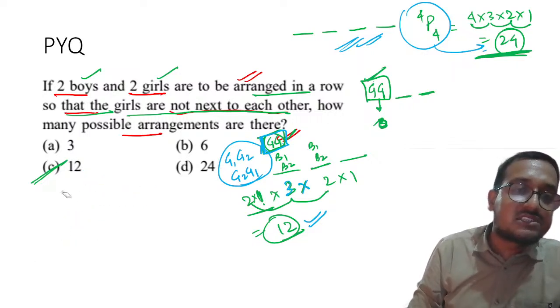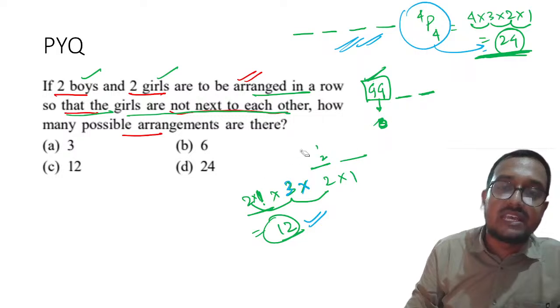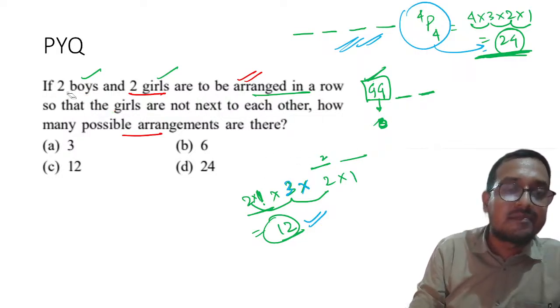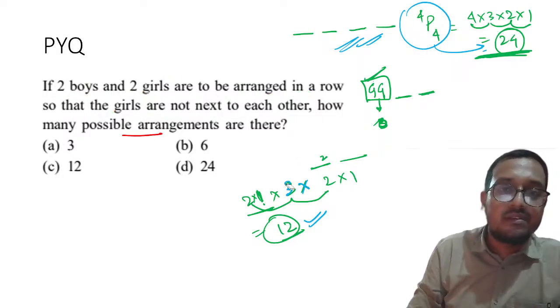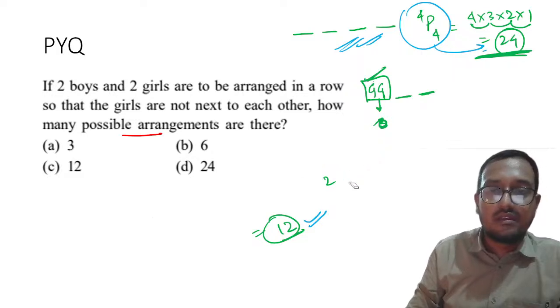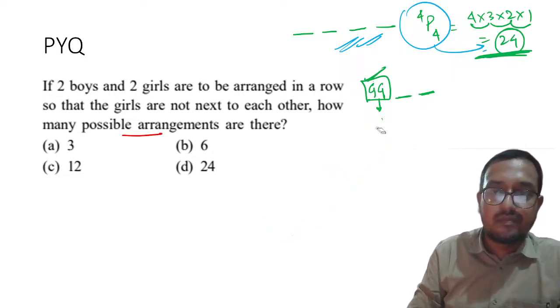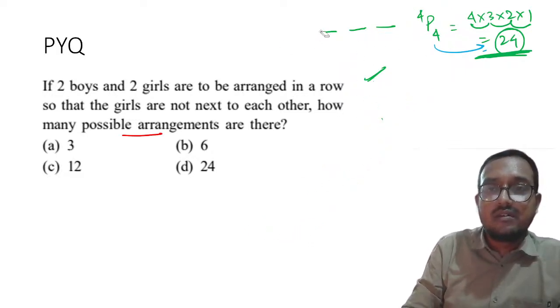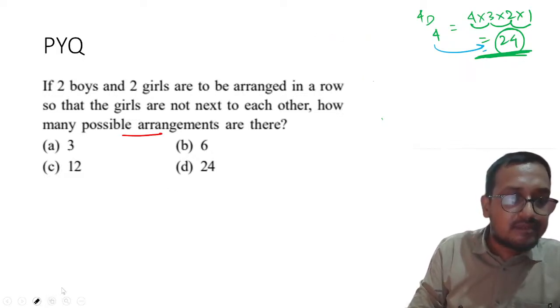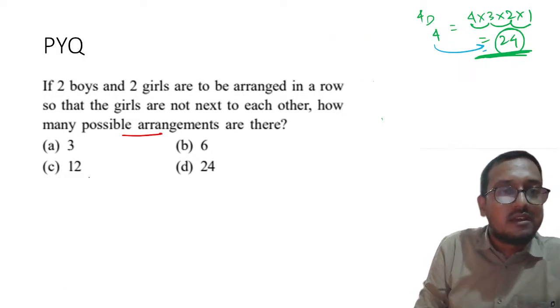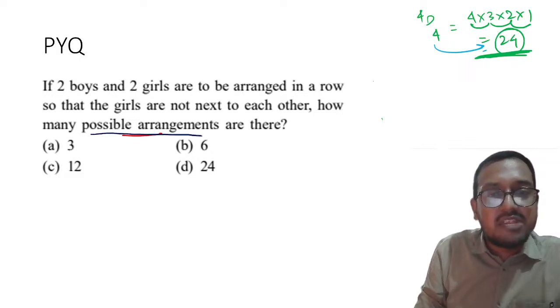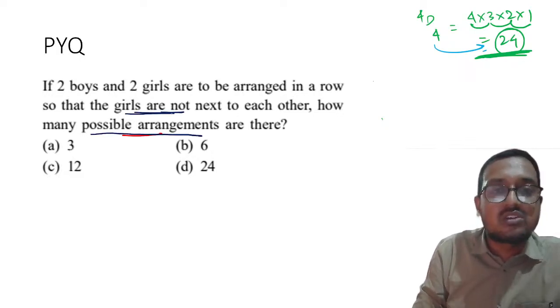See, my dear students, solving this can be done in two ways. What I can do, I can write it like this. The question says that possible arrangements are there where girls are not sitting next to each other.